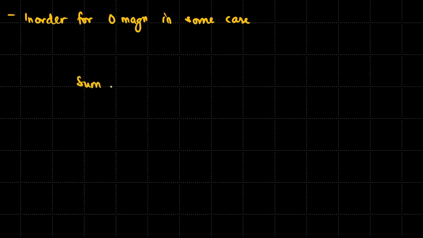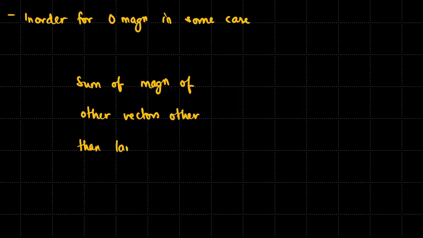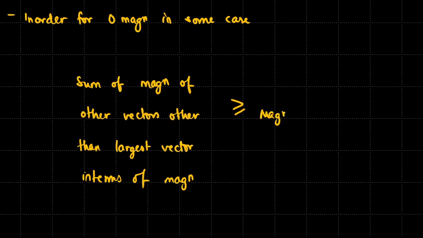In order for zero magnitude in some case, so in some case, not every case, the sum of the magnitudes of the other vectors other than the largest vector must be greater than or equal to the magnitude of the largest vector.